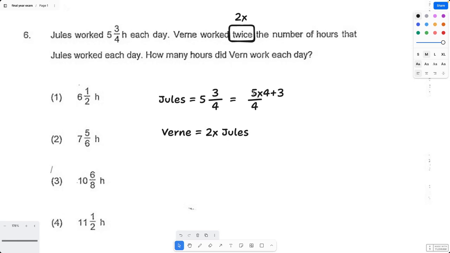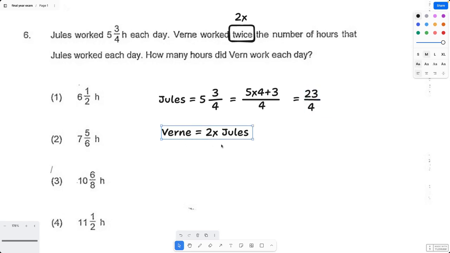We multiply the whole number by the denominator and add the numerator. 5 times 4 plus 3 will become 23/4.